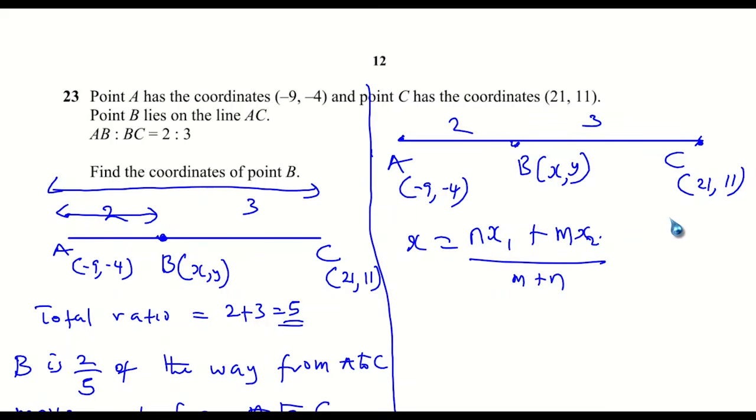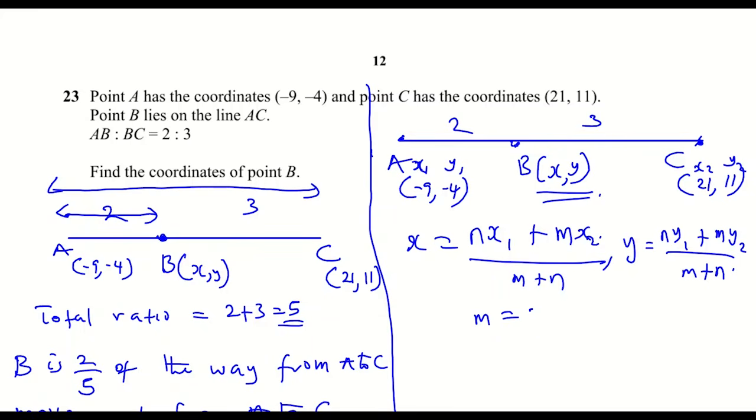For y, y equals (n y1 plus m y2) over m plus n. This one is x1, y1, and this is x2, y2, and we have x and y here for B. So m equals 2 and n equals 3. So this is what you need to do: just key in the values, and you get your answer straight away.